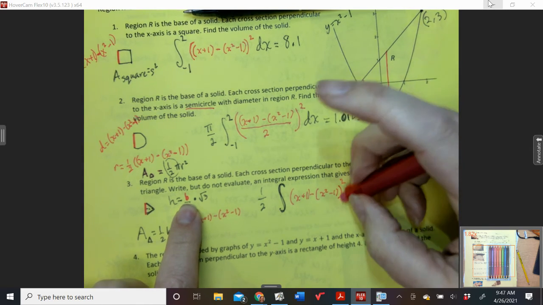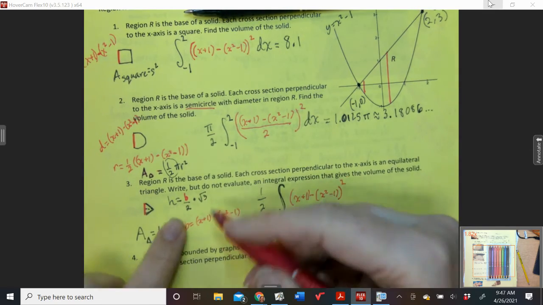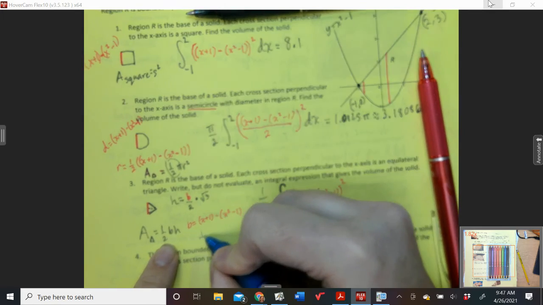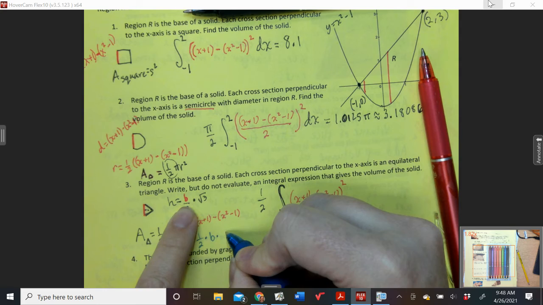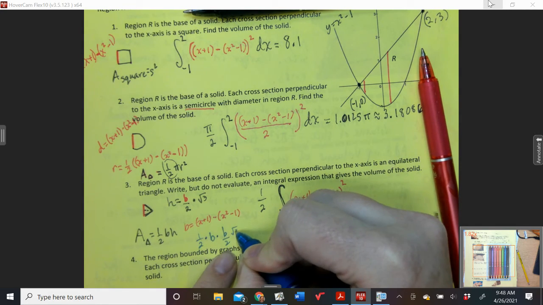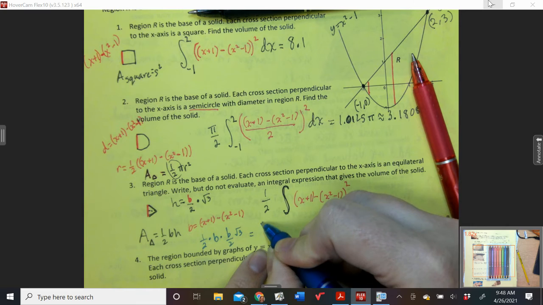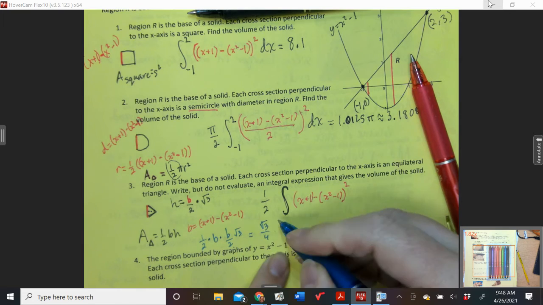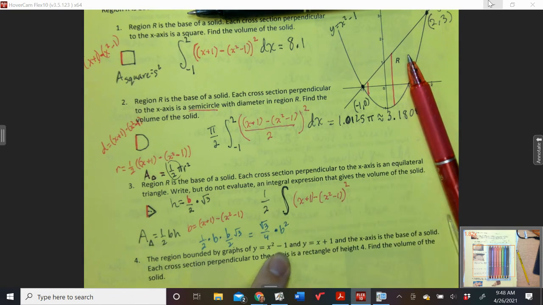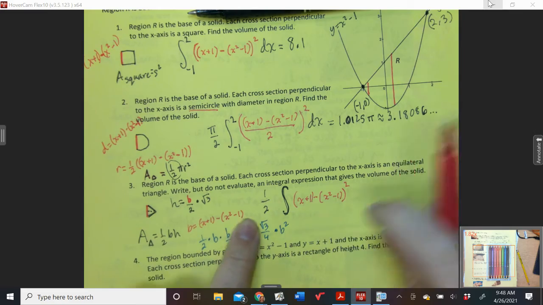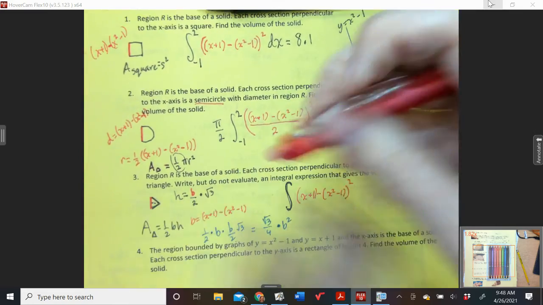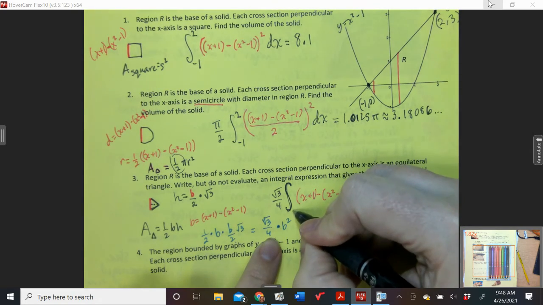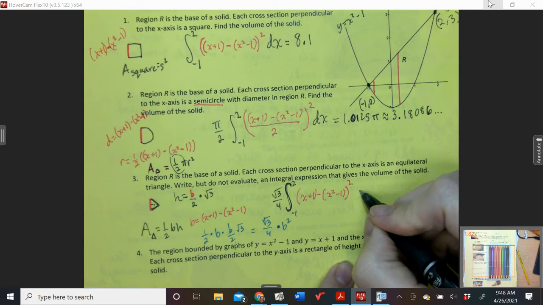So we're squaring. Go back to this equation: 1/2 base times height, base over 2 radical 3, which will become radical 3 over 4, all these numbers, 1/2 times 1/2, that's 4, radical 3 on top, times base squared. So base is getting squared. So up front, instead of this 1/2, I'm going to have radical 3 over 4, integral from negative 2 to 2 dx.